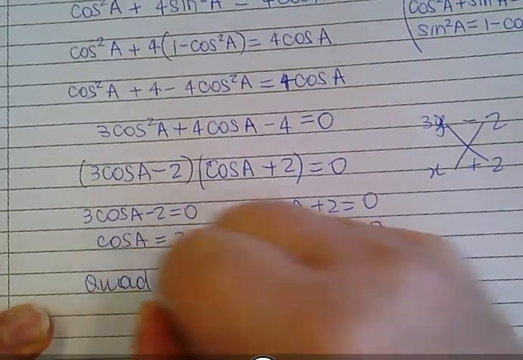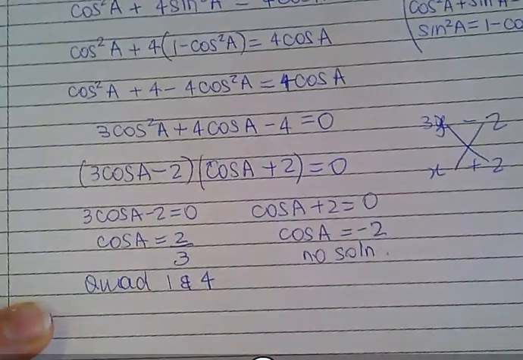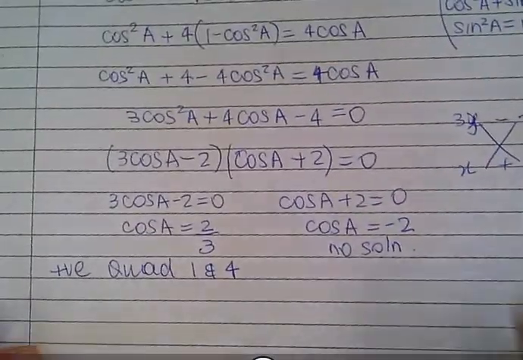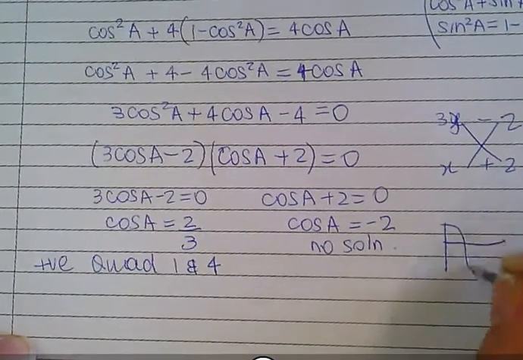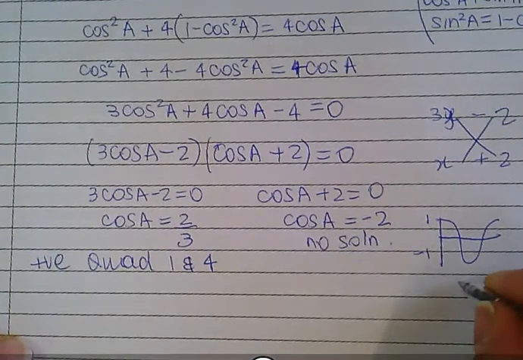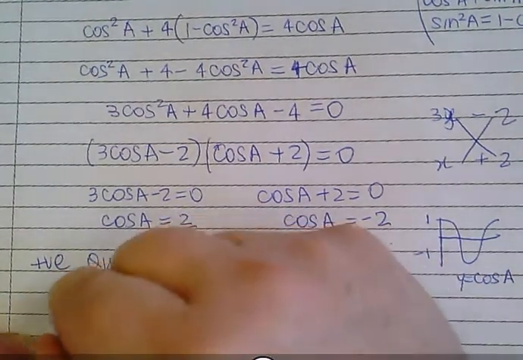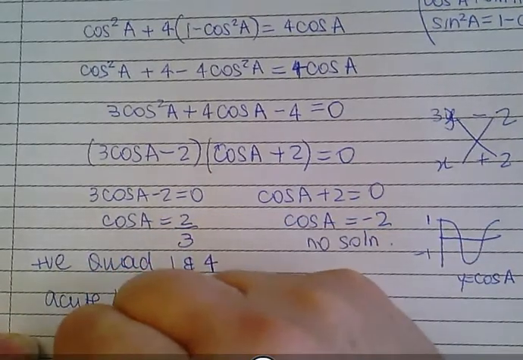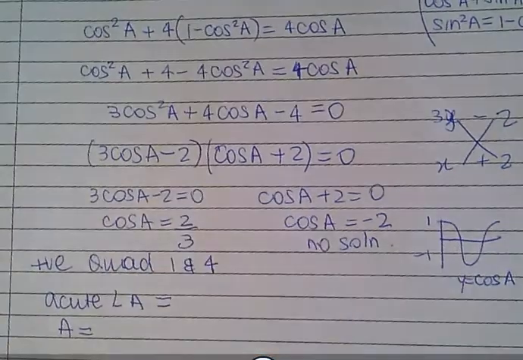Quadrants 1 and 4. That's where it's positive. Positive in quadrants 1 and 4. Cos of A is -2 has no solution because you can only go from -1 to 1 with the cos curve. And we need our acute angle A. And then we have our two solutions.